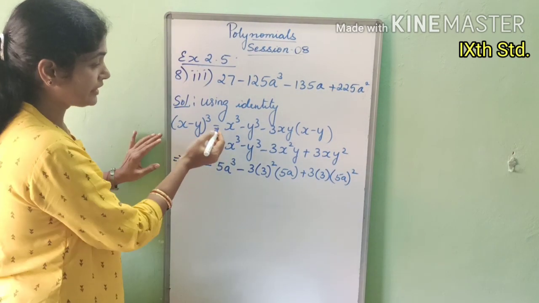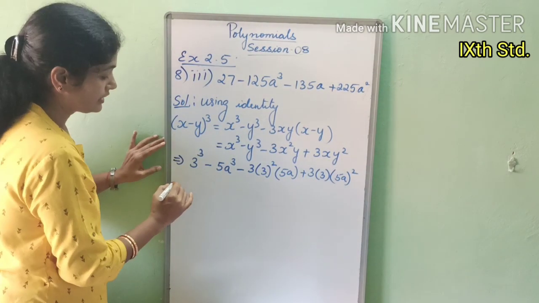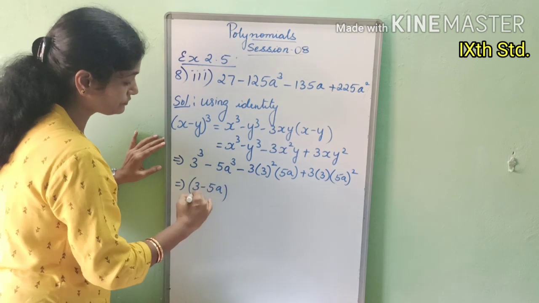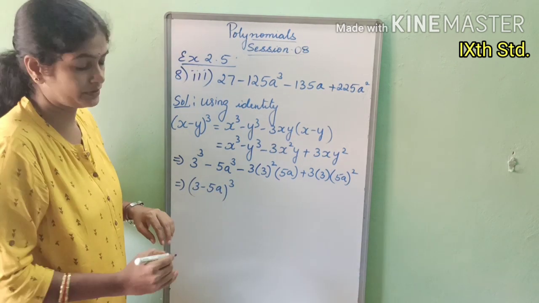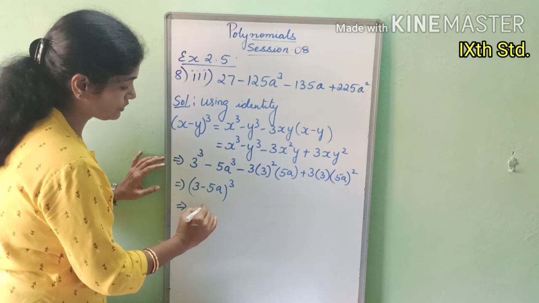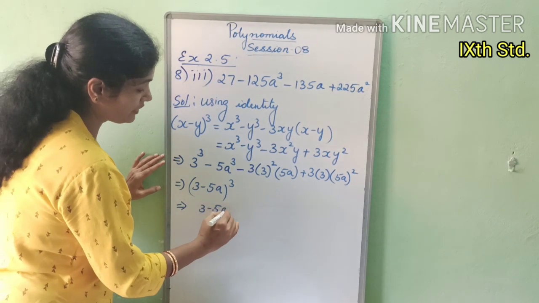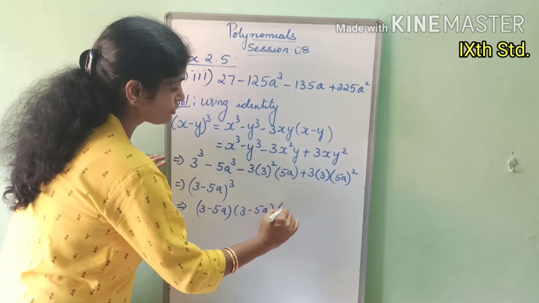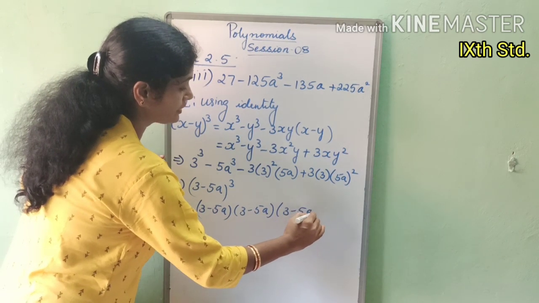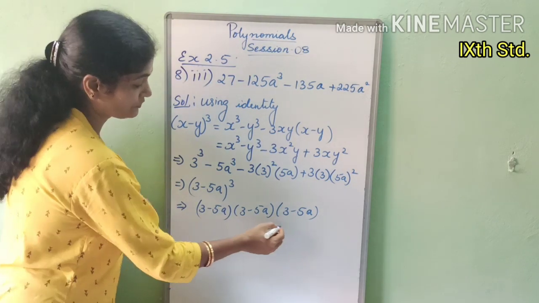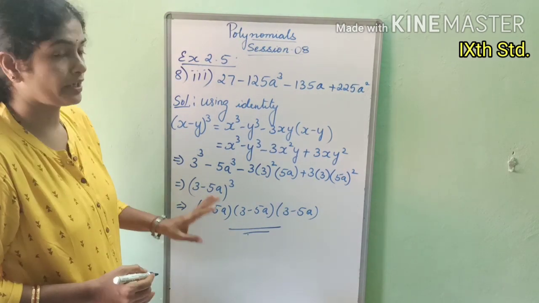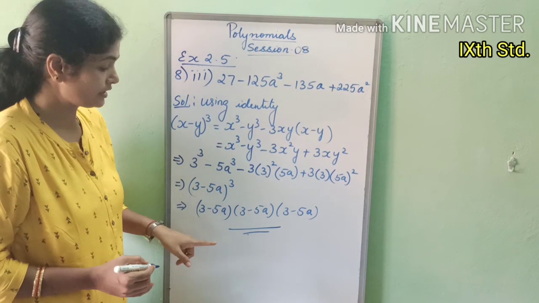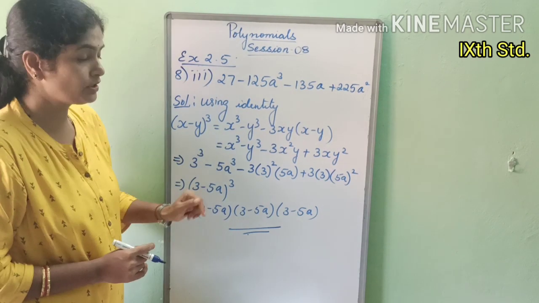So when you compare it with this identity, this leads to 3 minus 5a whole cube, which is equal to 3 minus 5a into 3 minus 5a into 3 minus 5a. Fine. This is the product, or you can say the factorization. The factors of the given question are 3 minus 5a the whole cube.